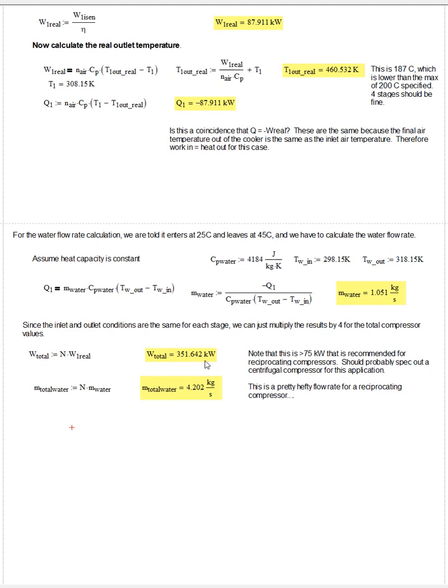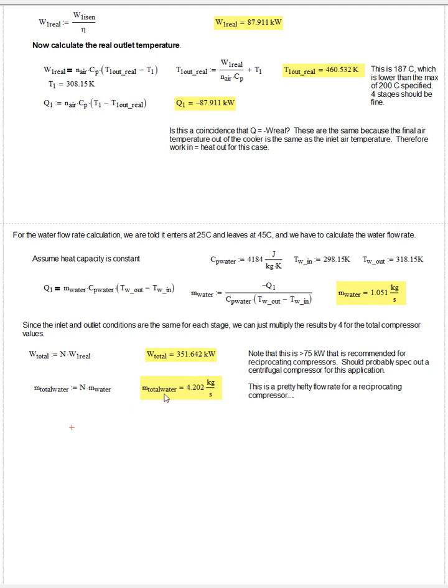And we note that in our rules of thumb chapter, they recommended that anything that's above 75 kilowatts should probably be done by a centrifugal compressor. So maybe this compressor isn't the best thing, but at least we were able to do the calculation right.